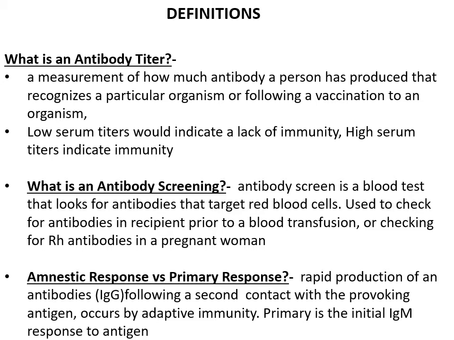Well, that's the future responses. The second, third, or fourth time that the body sees the same infection, it's actually going to produce IgG antibodies, which are the long-term antibodies produced by B cells. And we call that the amnestic response. The rapid increase in IgG because it has now a memory to that specific infection.